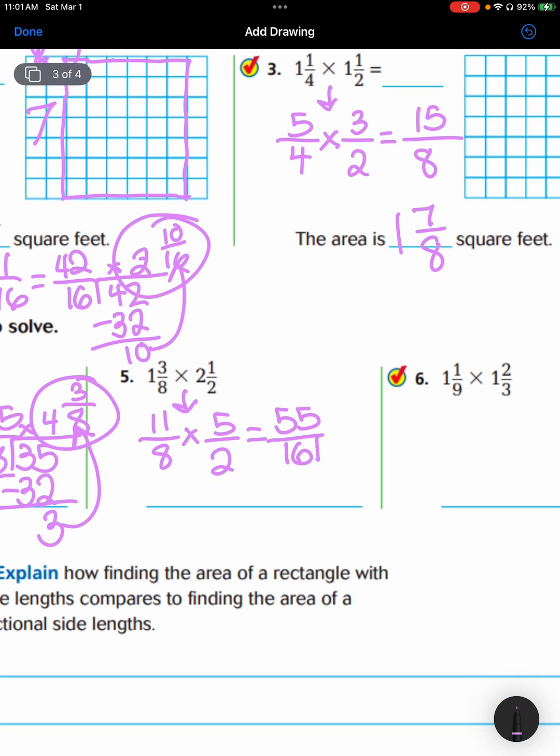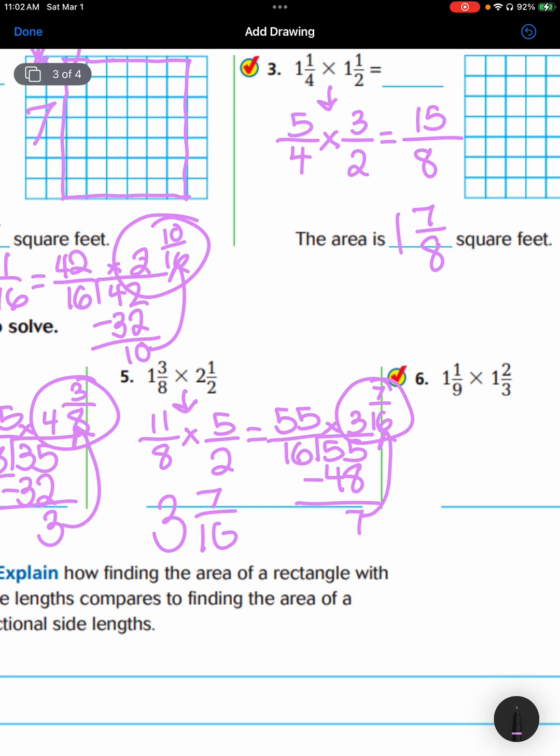Divide. 16 can go into 55 three times, which is 48. Subtract, and you would have 7 left over. Bring that 7 up and put it over 16. Okay, so 3 and 7/16 is your answer.